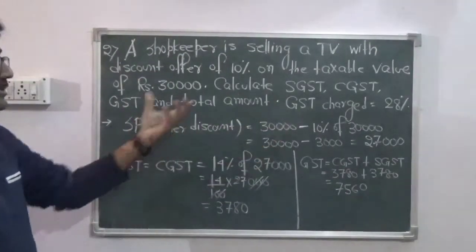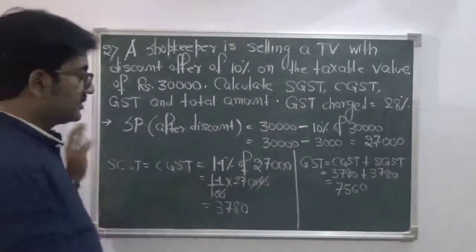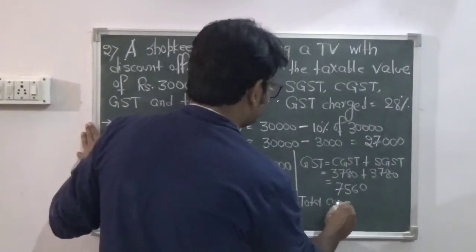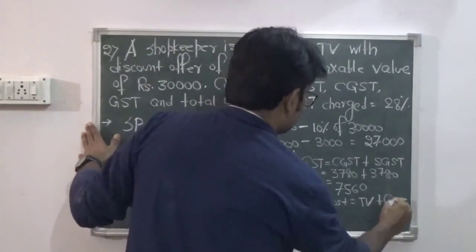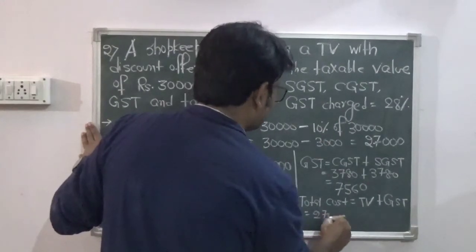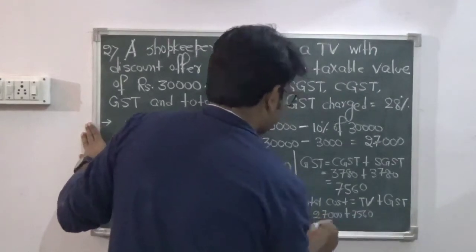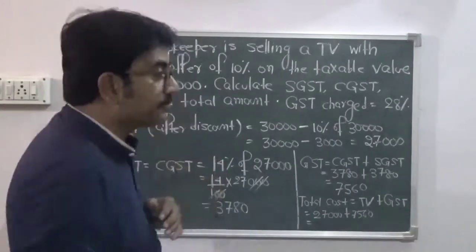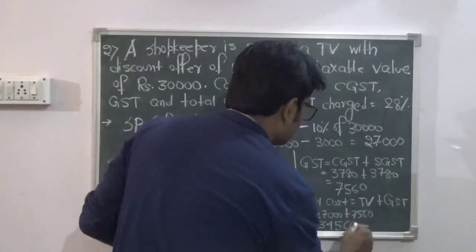Now you have to find the total amount. The total amount is the price of the TV plus the GST. So total cost or amount is equal to cost of TV plus GST. That is 27,000 plus 7560, which comes to 34,560.